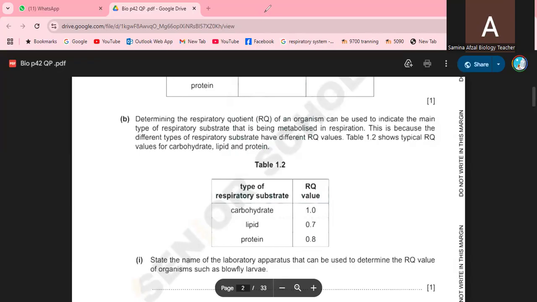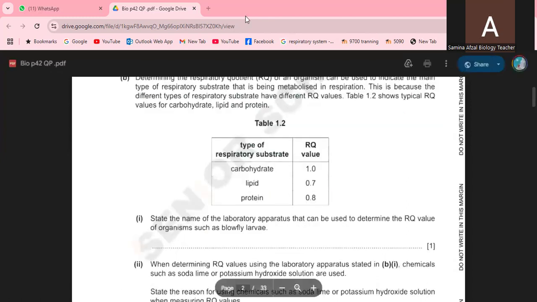RQ value means the respiratory quotient. Table 1.2 shows typical RQ values for carbohydrates, lipids and proteins. Here you can see that carbohydrates have an RQ value of 1, lipids have 0.7, and protein is 0.8.